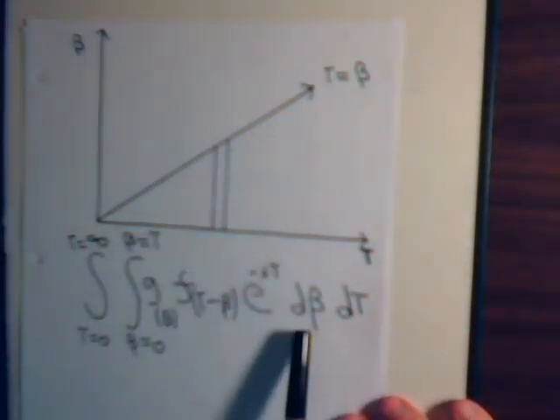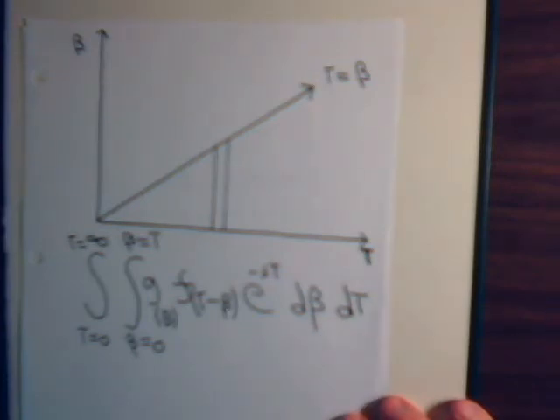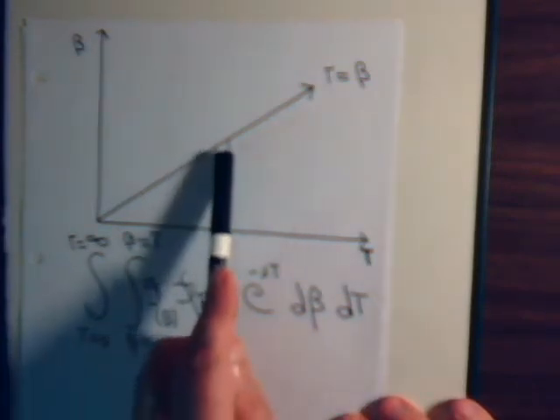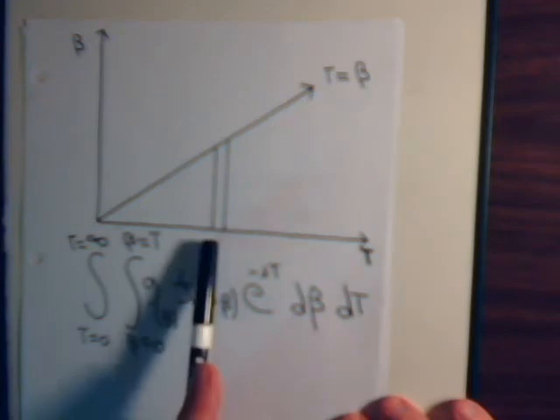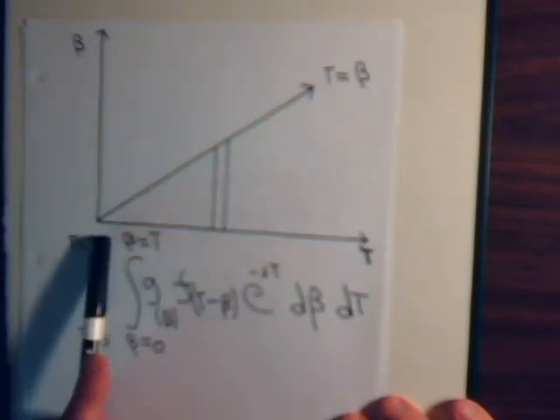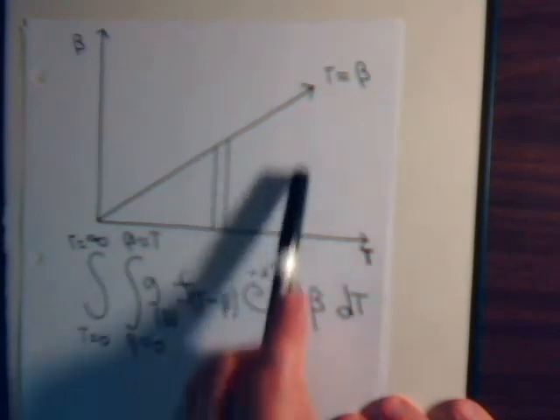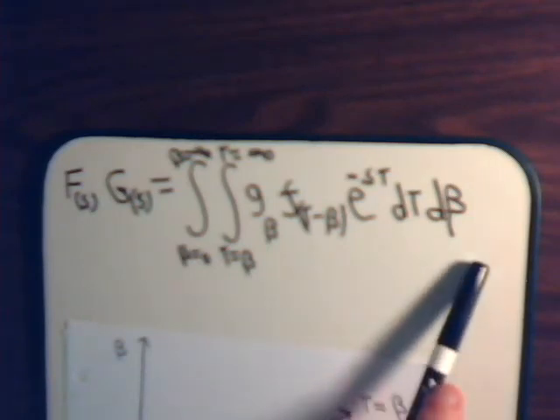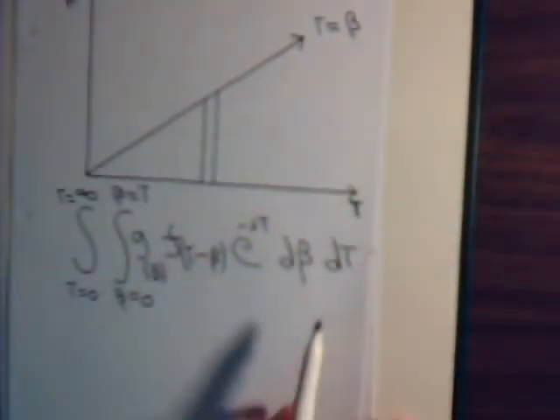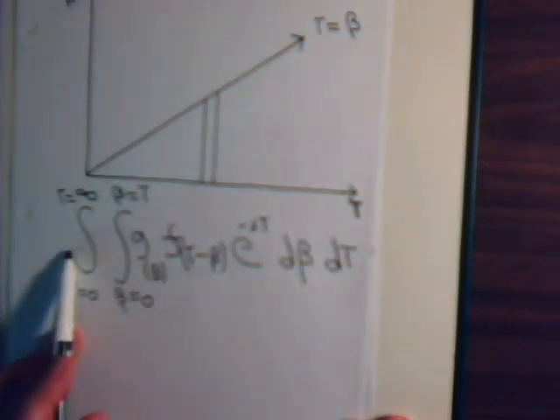So now the limits are d beta dt. Beta starting at 0, going up to where beta equals t. And now we're going to add them all up for all these vertical strips, starting here where t equals 0, and keep going on out to where t equals infinity. So for f of s times g of s, it can equal this by summing with horizontal strips, or if instead we sum with vertical strips, f of s times g of s will be this expression.